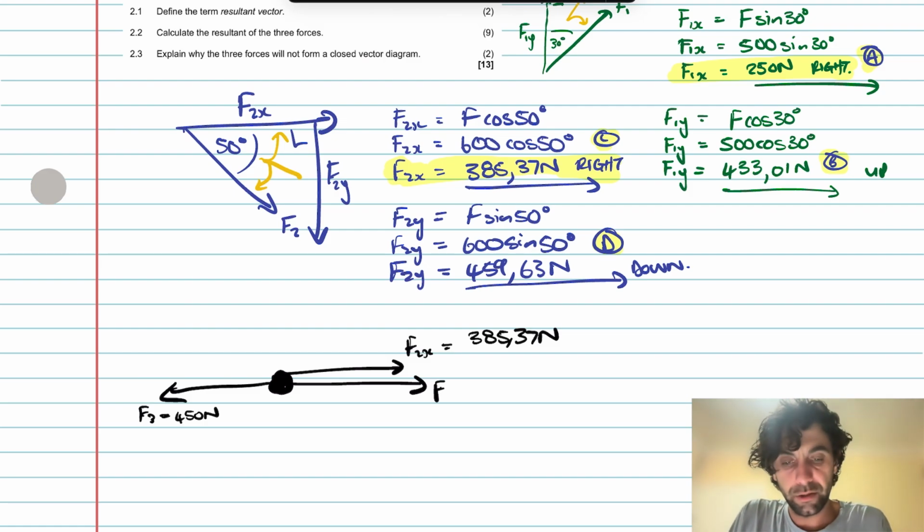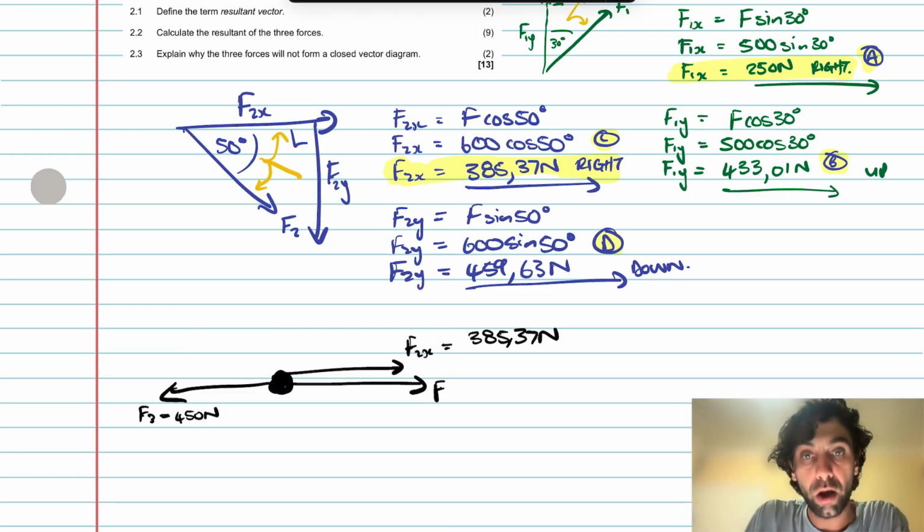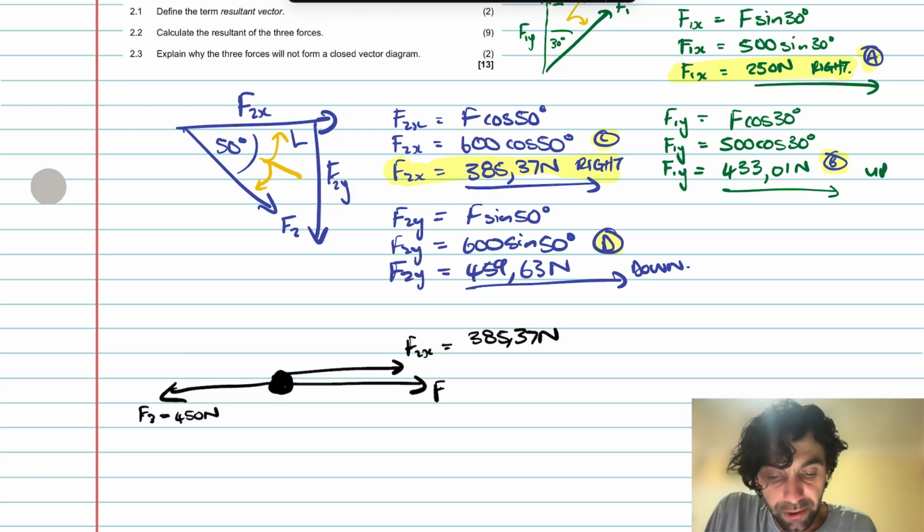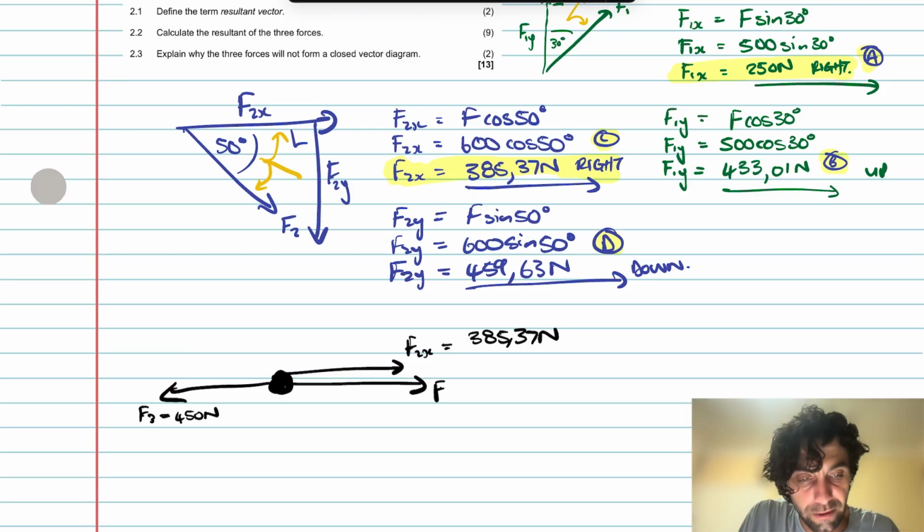So if I need to find the resultant along the x-axis or along the horizontal axis, what am I going to have? Well, I'm going to have 250 newtons. This is positive. This one is also positive. So we're going to say plus 385.37 newtons. And this one here is going to be negative because it's acting to the left.